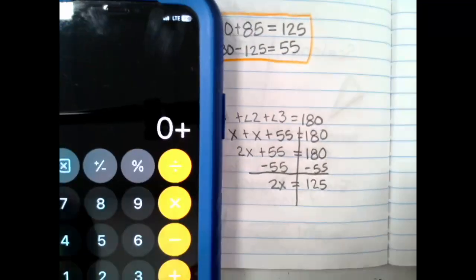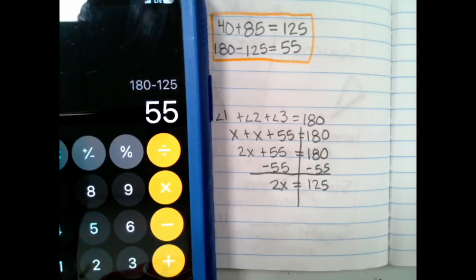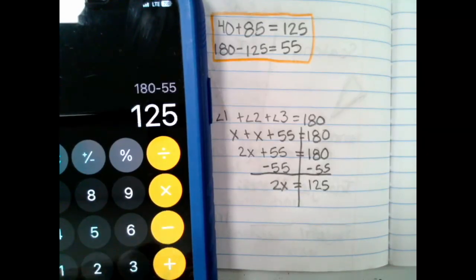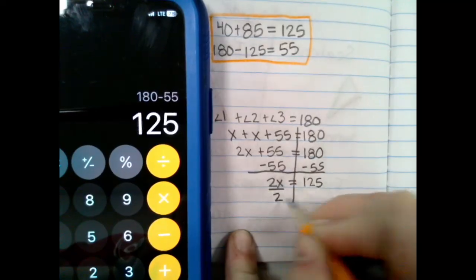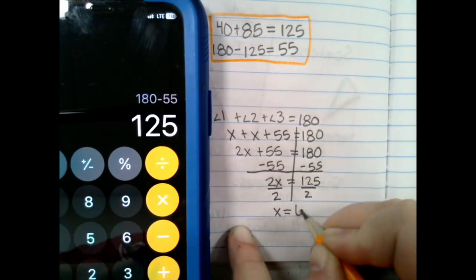And then we knew we had to do that into 2 parts equally. So we took that 125 and we had to split it into 2. So we just divide by 2. And our x is 62.5.